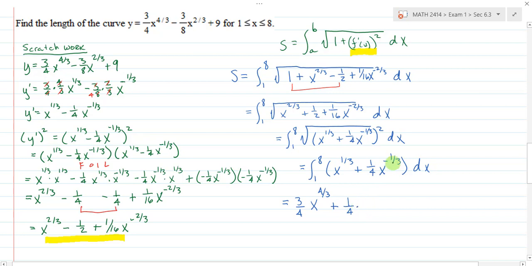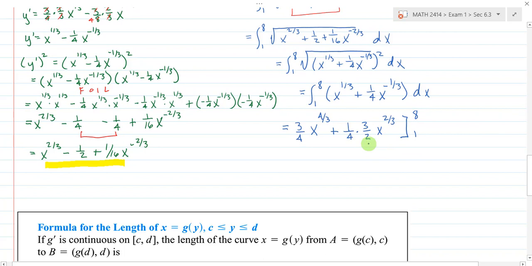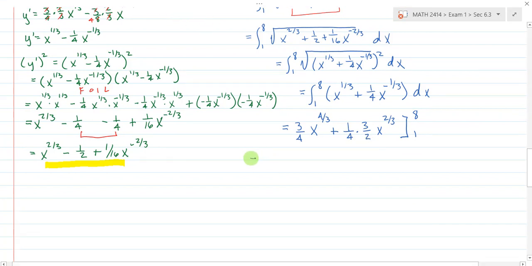When we add 1 to negative 1/3, we get positive 2/3, so this is going to be x to the 2/3. And then multiply that by 3/2. We evaluate this using the fundamental theorem of calculus, and our bounds are going to be 1 to 8. So cleaning this up, that's going to give us 3/4 x to the 4/3 plus 3/8 x to the 2/3 from 1 to 8.